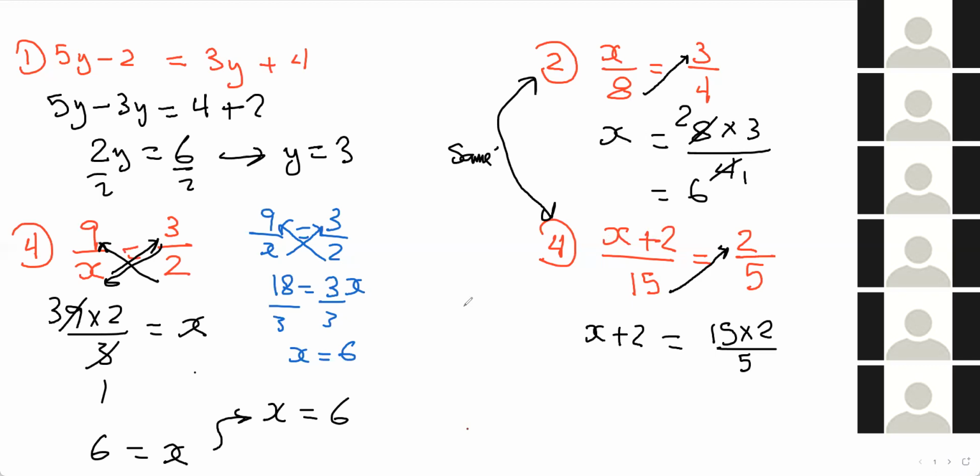If it was 2x over 15 equals 2 over 5, let me just do that in blue, just so that you know when you can and when you can't.